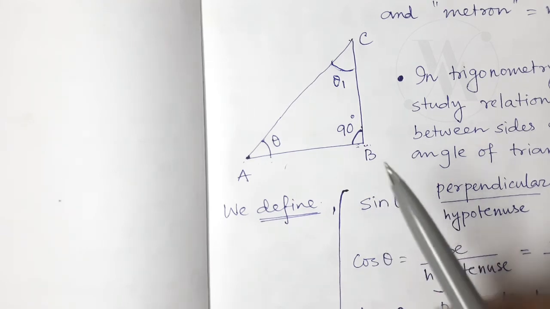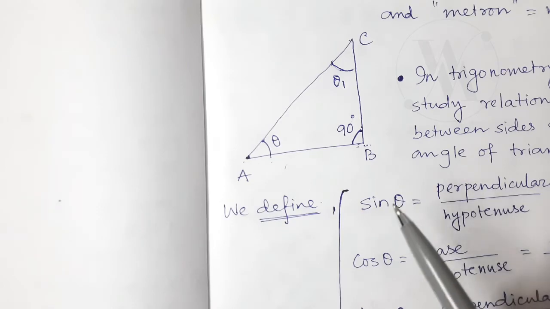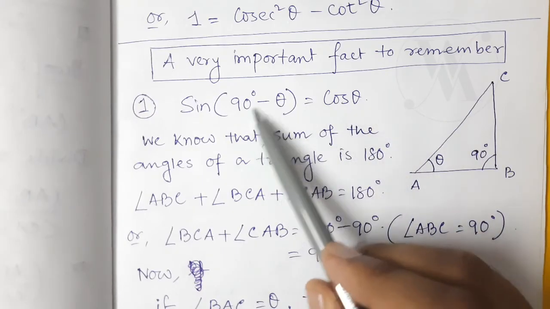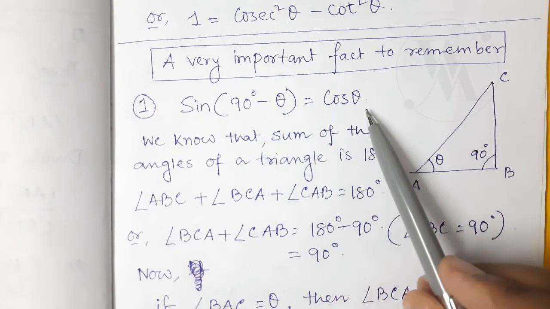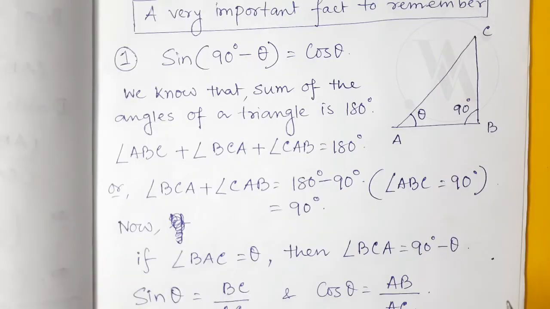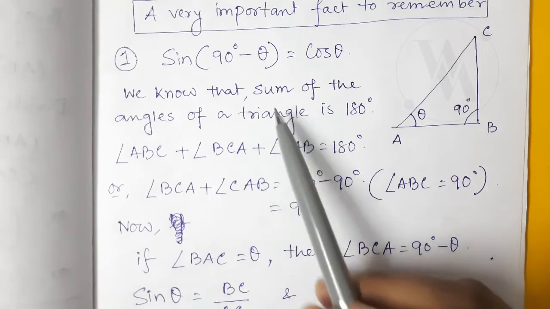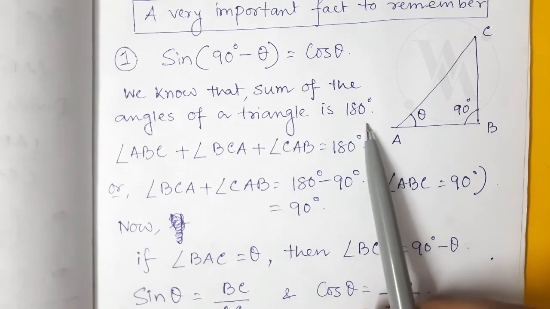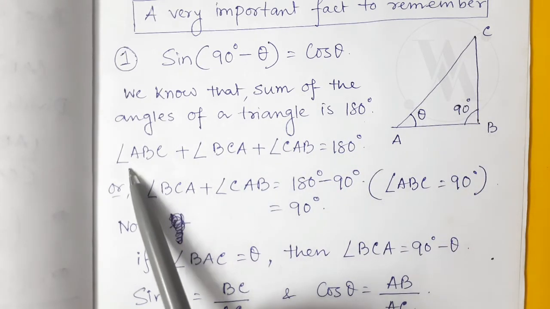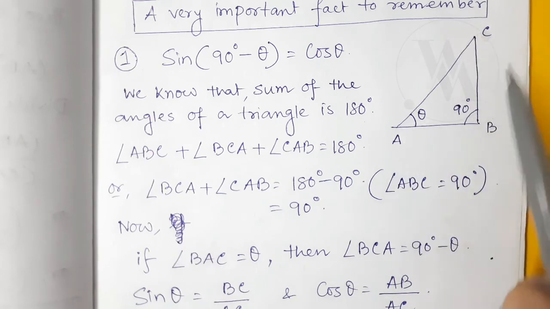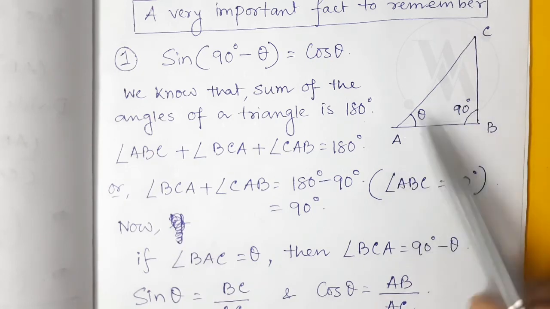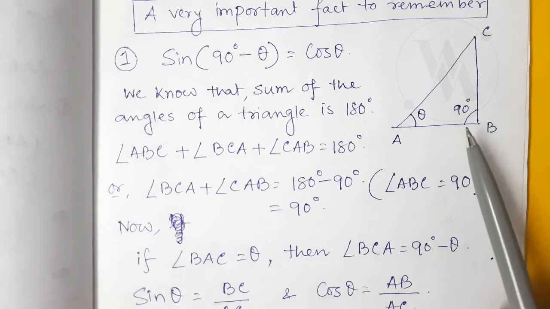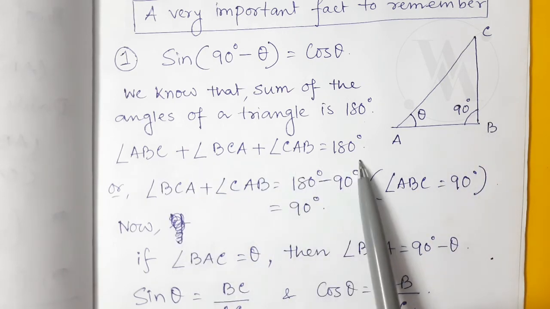Now based on this theory, we will prove that sine of 90 degree minus theta is cos theta. We know that the sum of the angles of a triangle is 180 degree. So in this triangle, angles ABC, BCA and CAB, their sum is 180 degree.